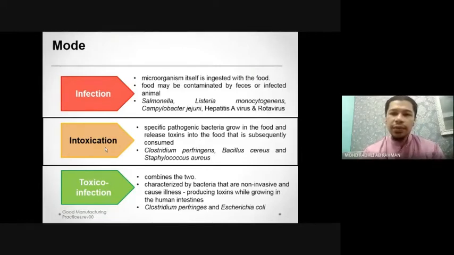The food may be contaminated by feces or infected animals. Examples of microbes involved in infection include Salmonella, Listeria monocytogenes, Campylobacter jejuni, hepatitis A virus, and rotavirus.